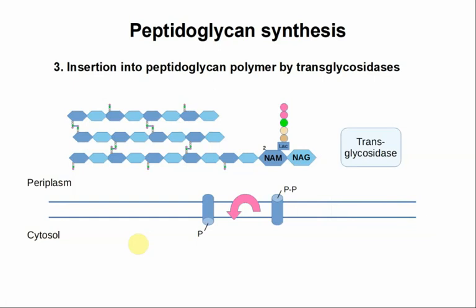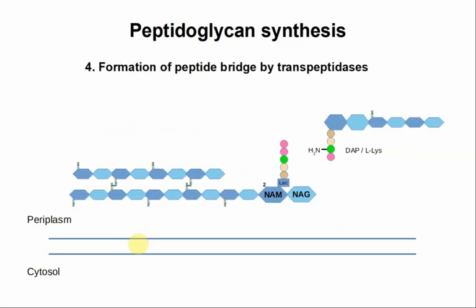And the last step is the action of transpeptidases, which are going to form a peptide bond between the free amine group on the side chain, either of the DAP, diaminopimelic acid, or the L-lysine, and the carboxy terminus of the fourth D-alanine here.